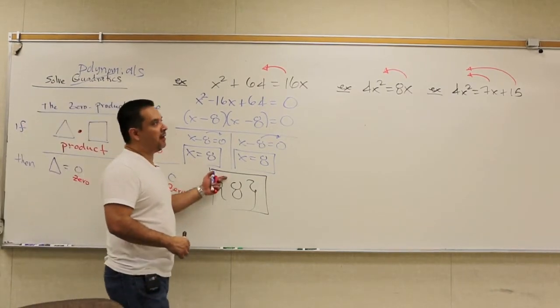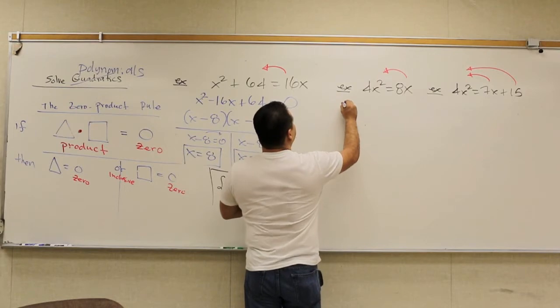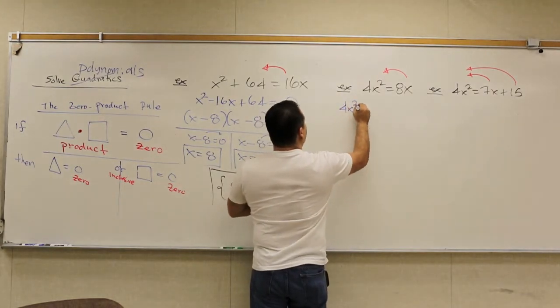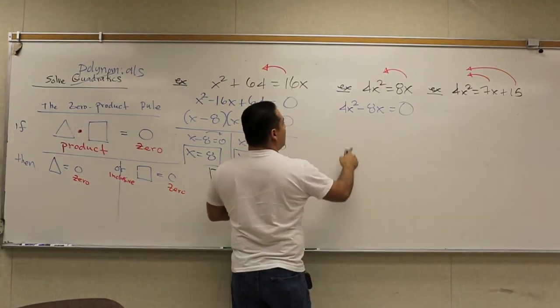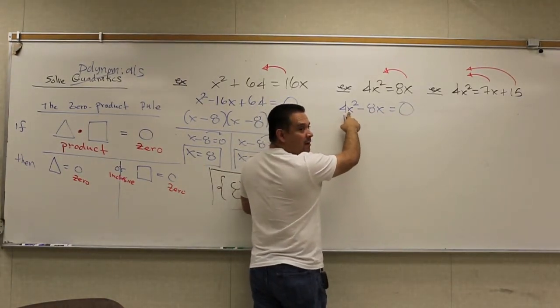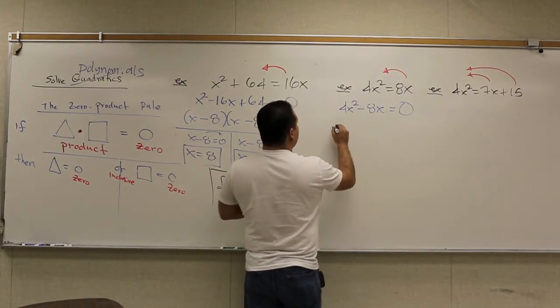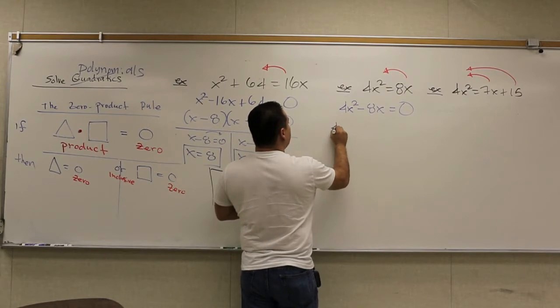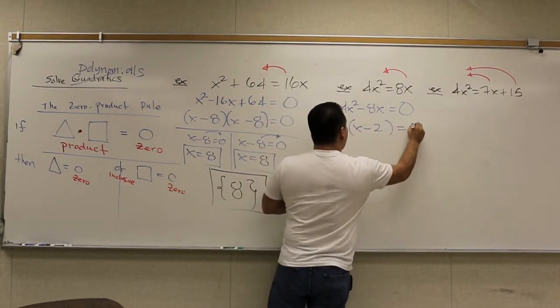Okay, 8 and 8. How about this? 4x squared minus 8x is 0. Remember, two terms, are they both perfect squares? This is a perfect square. What is this? No, it's not. Okay, greatest common factor: 4x. What's the quotient? x minus 2.